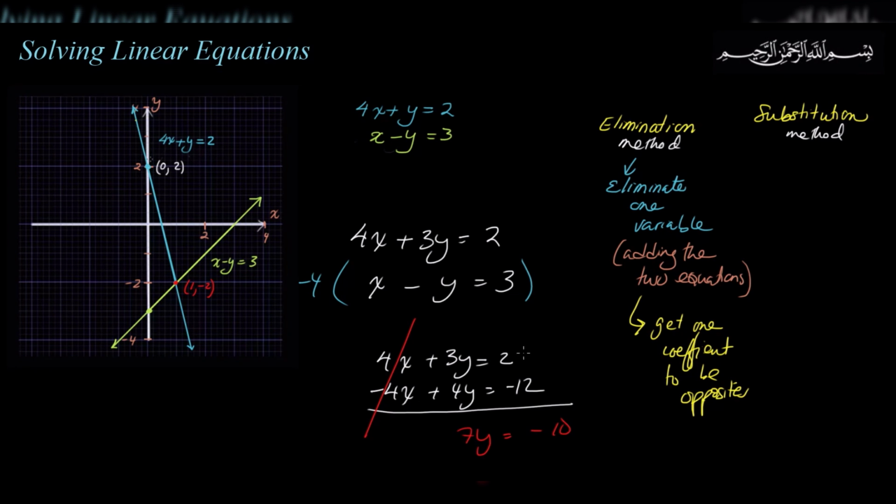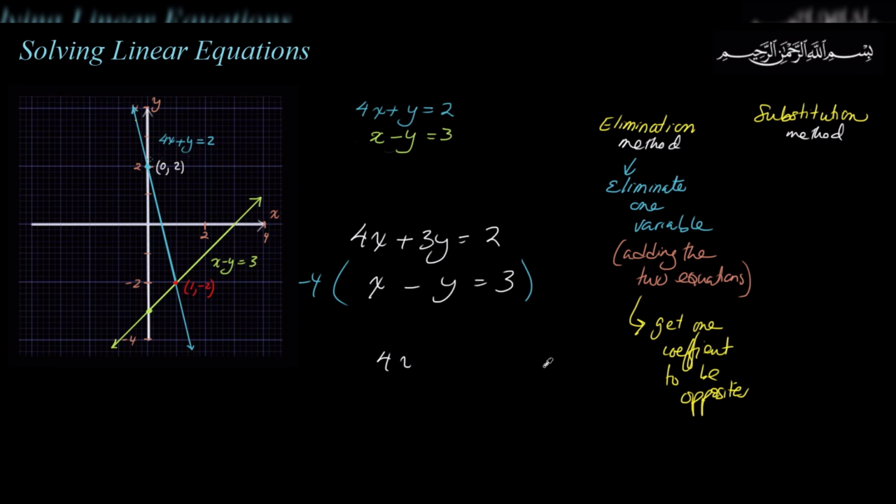So if they're not opposites, you have to get them opposites. Okay, so that's the idea. The concept of elimination is to get rid of one of the variables, so you eliminate one of the variables so you can solve for the other. So here's the first method of solving linear equations: the elimination method.